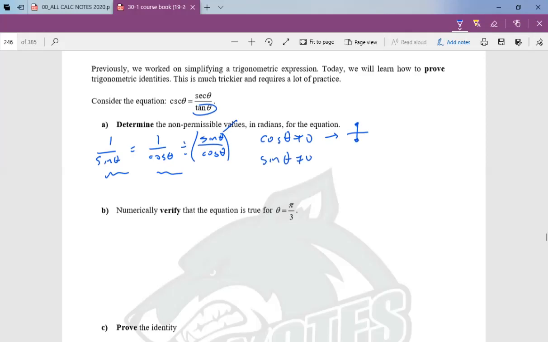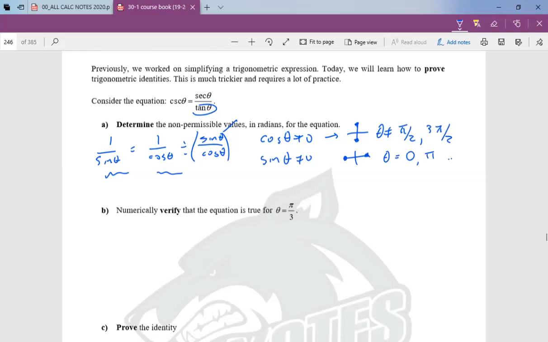Cos theta can't be 0 means those two values of pi halves and 3 pi halves, theta cannot equal pi halves or 3 pi halves. Sine theta can't be 0 is these 2 points, so theta can't be 0 or pi or any multiples of pi.